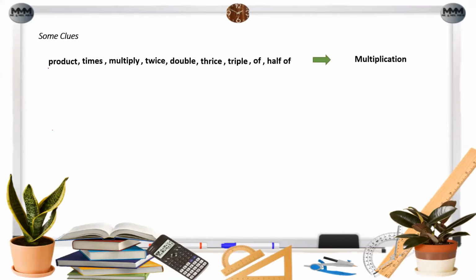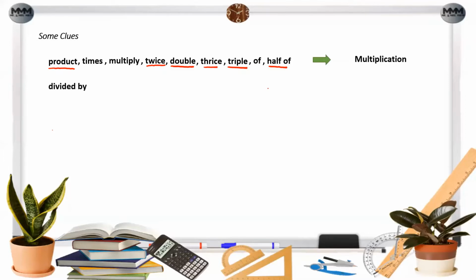Here, product means the result obtained after we multiply the numbers. Then twice or double means multiplication by 2. Thrice or triple means we multiply it by 3. Then half of means we multiply it by 1/2.